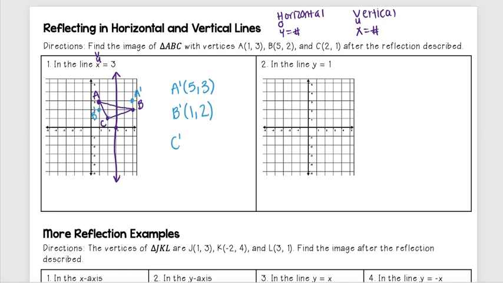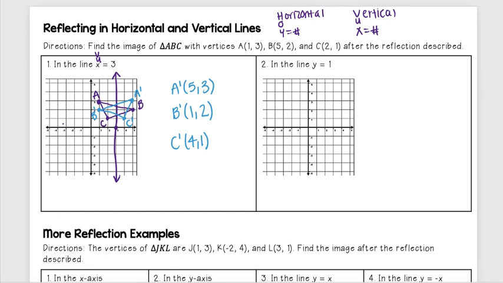Okay, and then for my C prime, I see my C is 1 space away from my vertical line. So now I need to go 1 space to the other side. And so I see that that point is at 4, 1. And so there is my reflected figure when I reflect it across the line x equals 3.